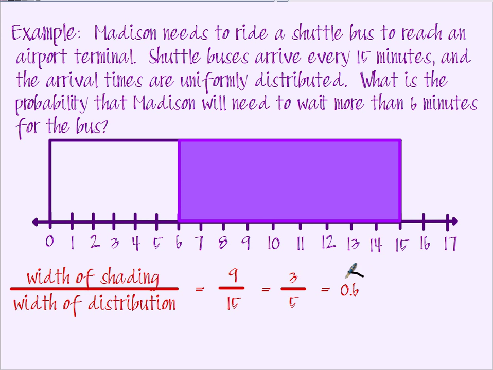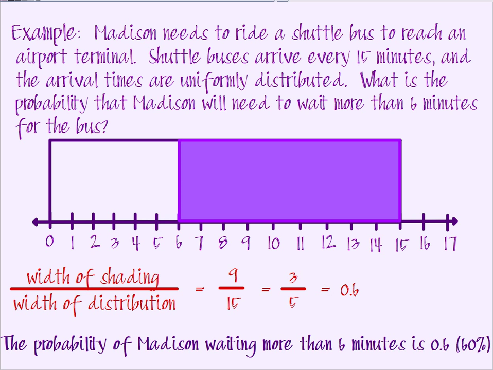This is the probability that we're going to use, but sometimes we have to be able to change that to a percent. So 0.6, remember, is the same as 60%. Madison has a 60% chance of waiting more than 6 minutes for that shuttle bus.